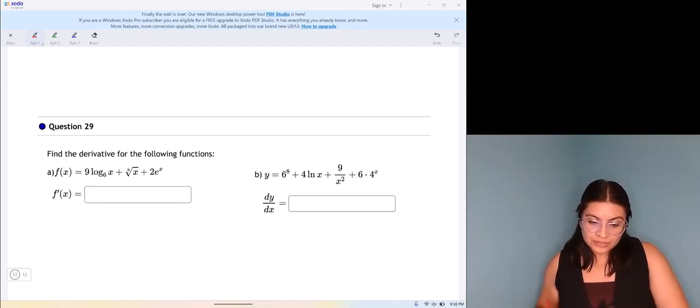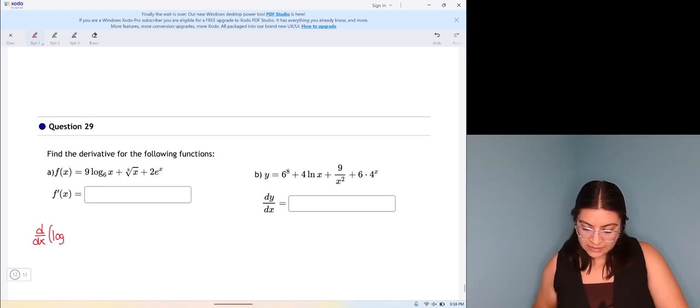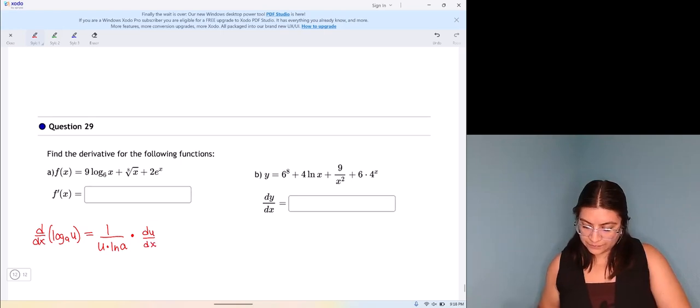In your formulas, you will find the derivative with respect to x of log base a of u, which is 1 over u times ln of a times the derivative of u.